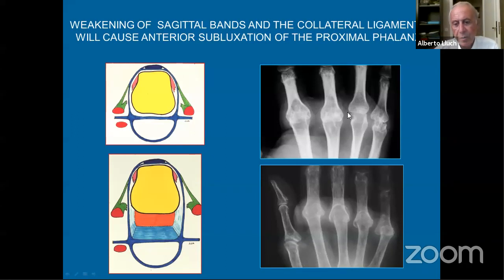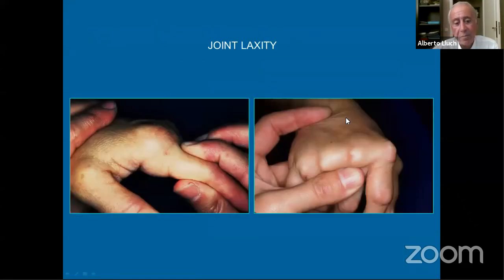And this subluxation, sometimes it's quite visible on the X-rays, but many times it's not visible. But you can explore them, and you can tell if a patient has had a synovitis of the MP joints in the past.